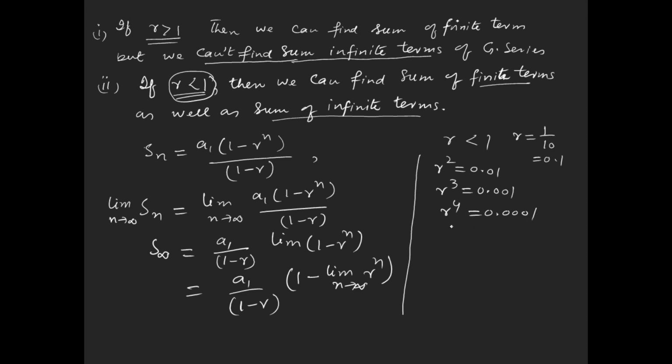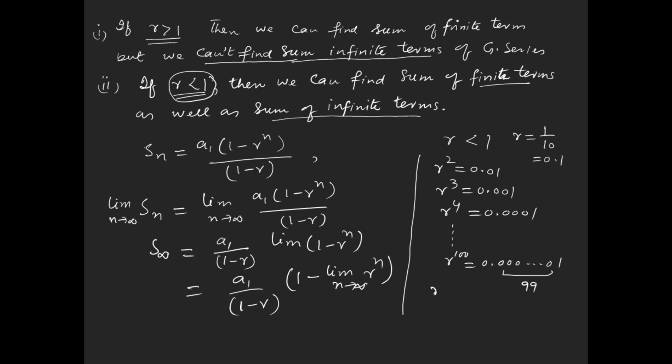So as we increase the power, suppose the power is 100, now 0 point, how many zeros? The zeros are 99. So after the point there are 99 zeros, then 1.